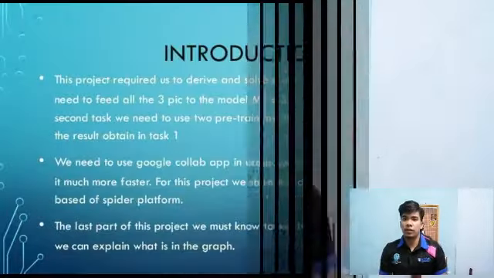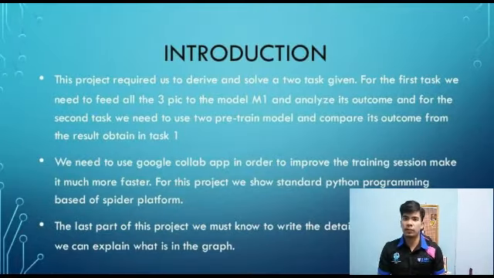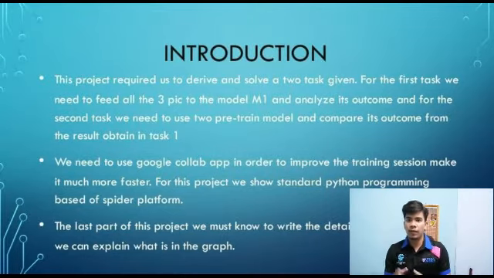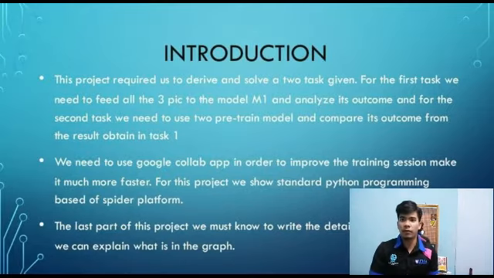Matric number DE180129. Okay, today our group will present about our project. First of all, the introduction of our project: this project requires us to derive and solve the two tasks given. For the first task, we need to fit all three pictures to the model and analyze its outcome.